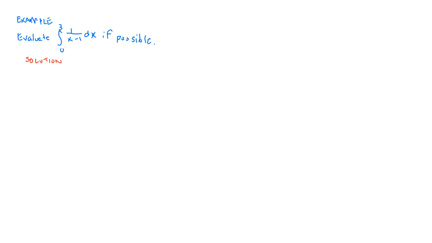When x equals 1, we have an asymptote for this function 1/x minus 1. There would be an asymptote there. And so that could be a problem, right?